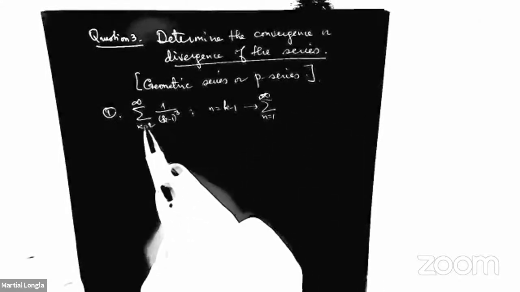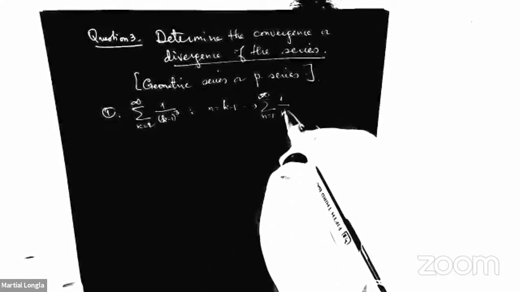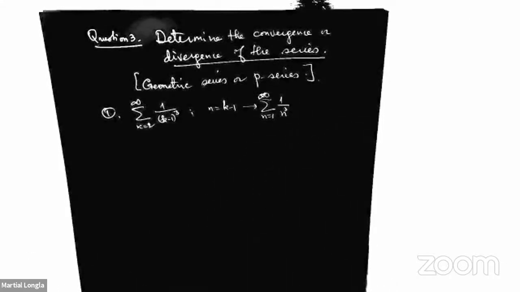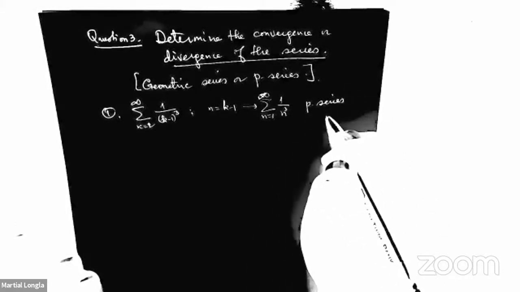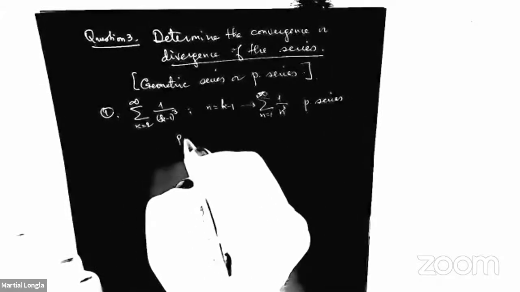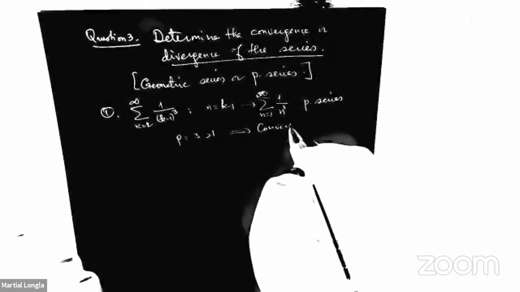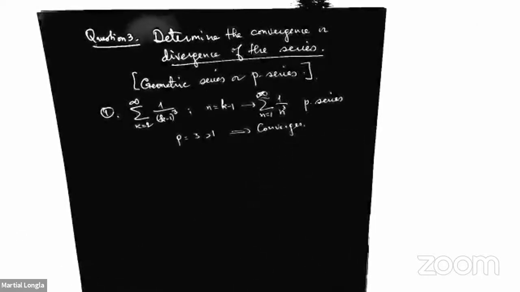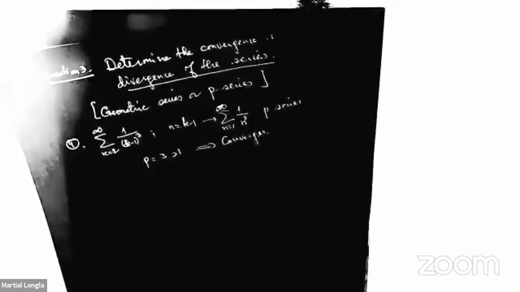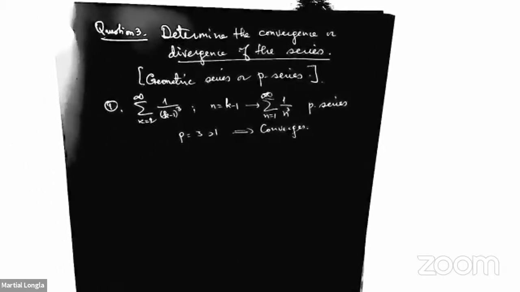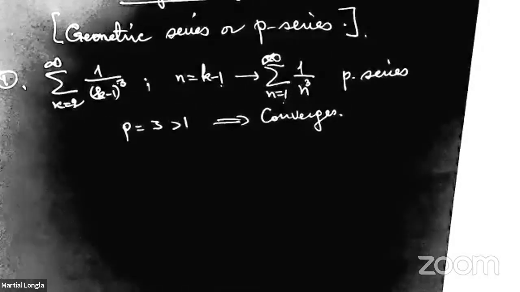Because when k is 2, k minus 1 is 1. So 1 over n cubed. Oh, okay. So this is a p-series. p equals 3, larger than 1, implies converges. That's it. Let me even zoom in. Questions?